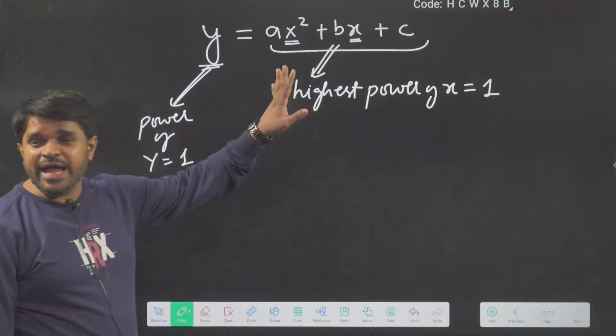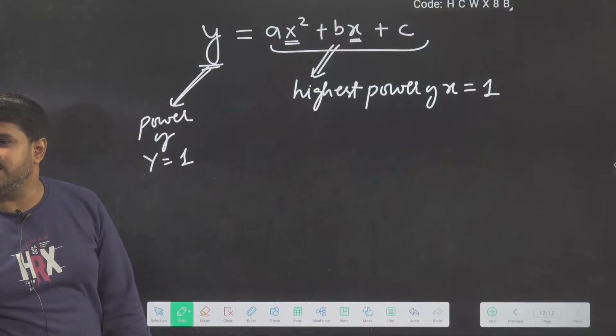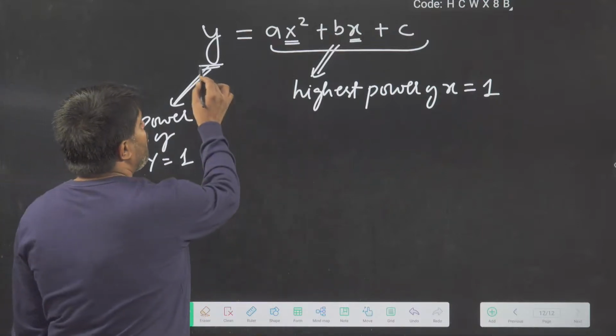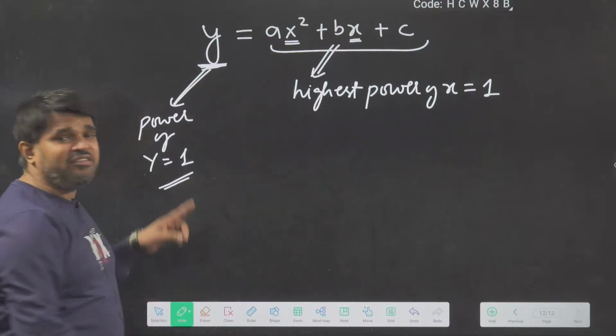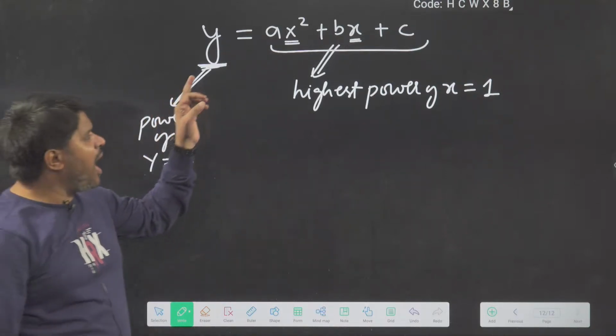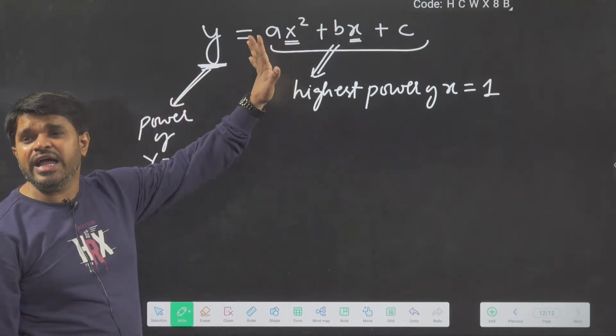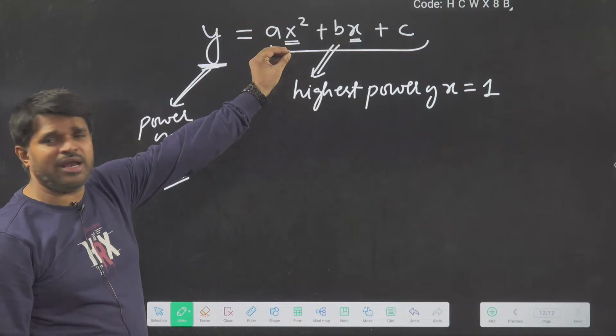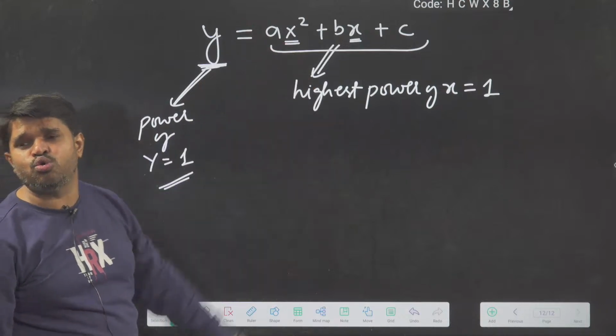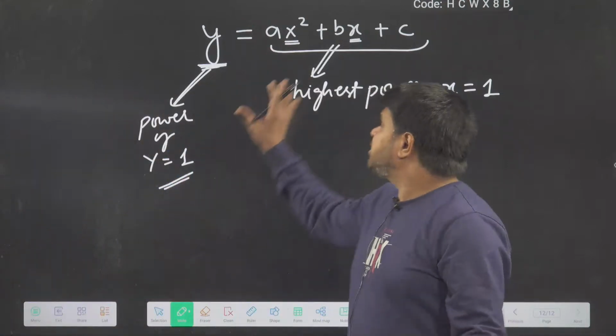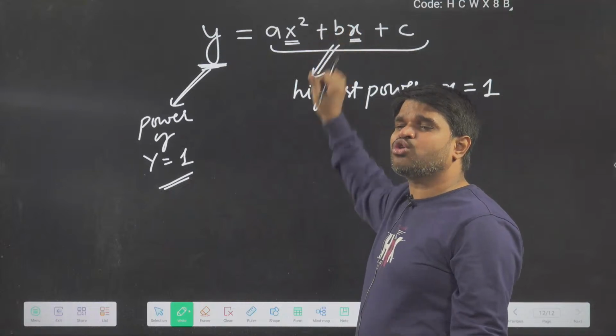So any such equation in which the power of one variable is 1 and the power of another variable is the highest degree, 2, this kind of expression is called a quadratic expression.